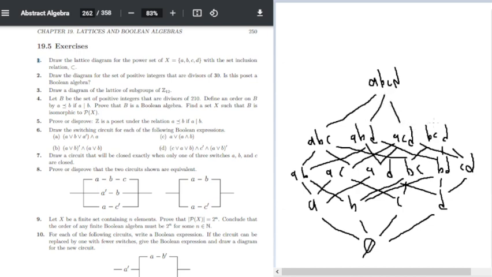This is our Hasse diagram for the 4-point set. Not exactly pretty, but it does work.